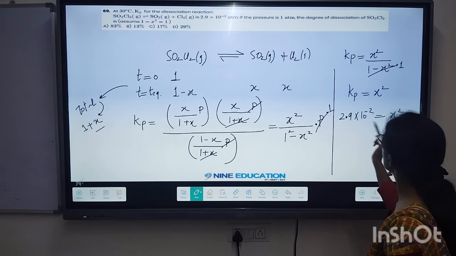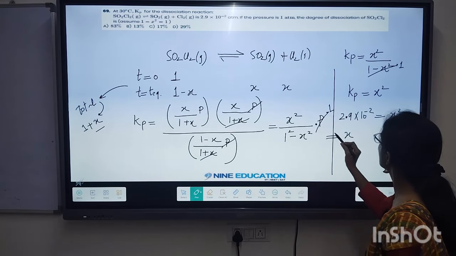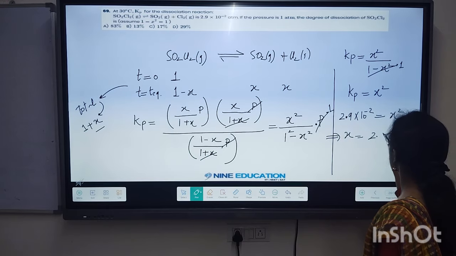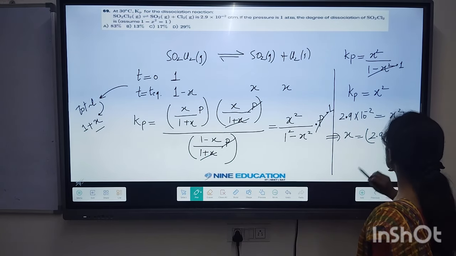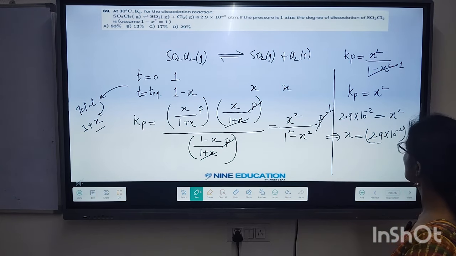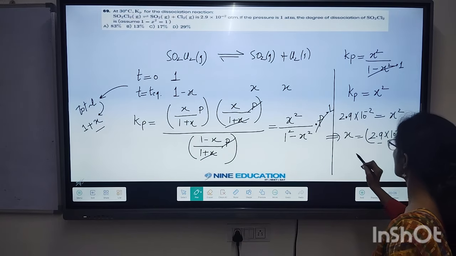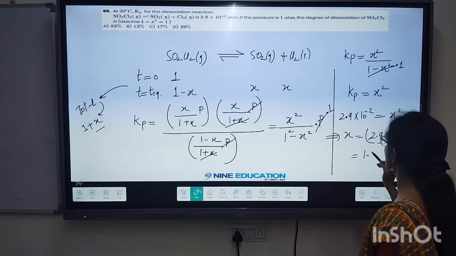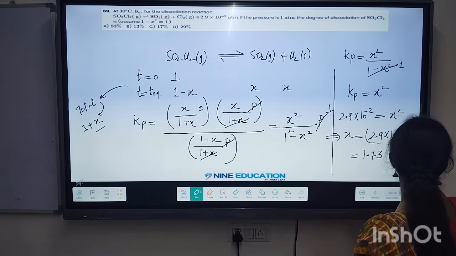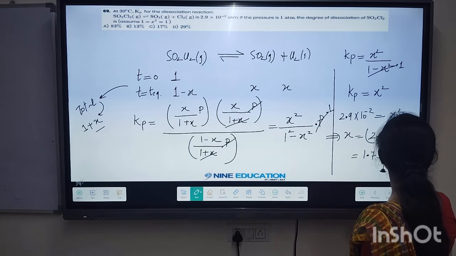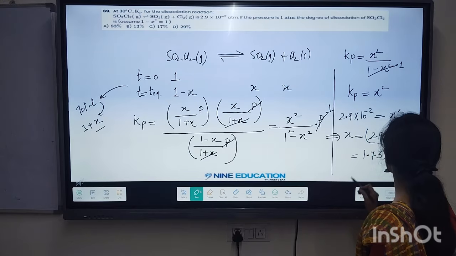So x will be (2.9 × 10^-2)^(1/2). We can take the approximation 2.9 as 3, so root 3, whose value we remember as 1.73, and (10^-2)^(1/2) will be 10^-1.